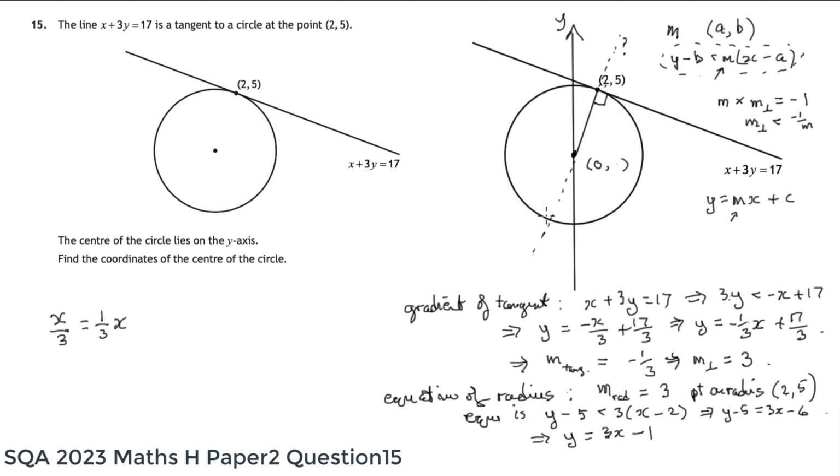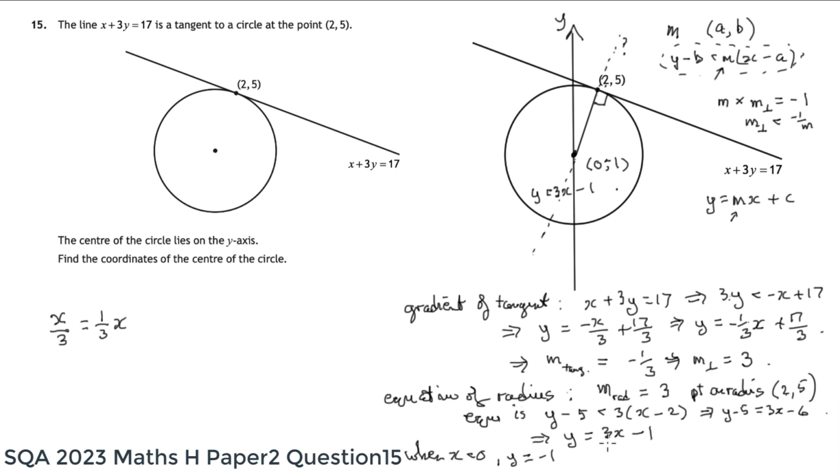So we've now got the equation of this line that contains that radius being y equals 3x minus 1. And when x equals 0, y therefore is -1. The centre has coordinates (0, -1).